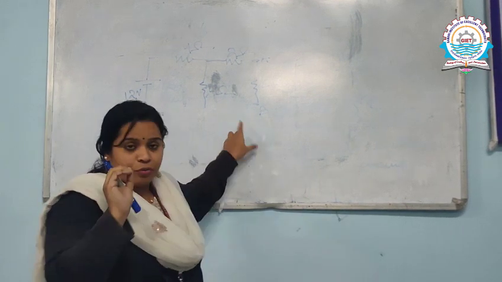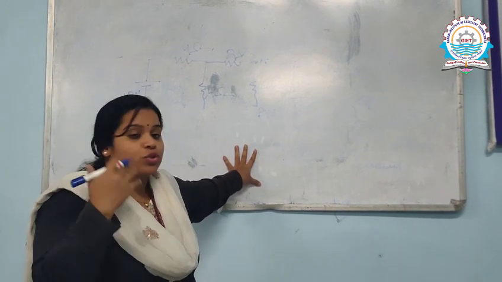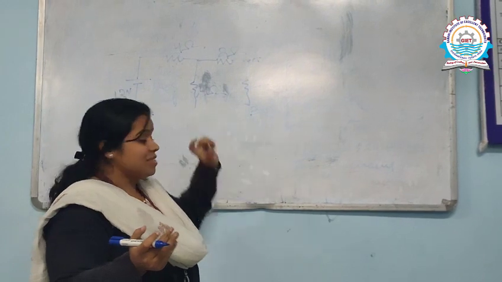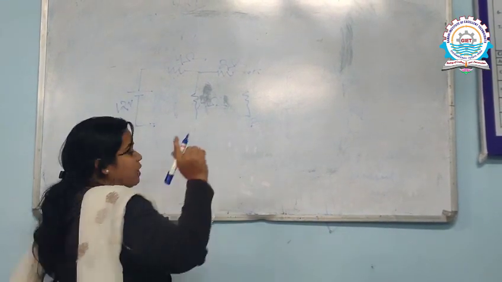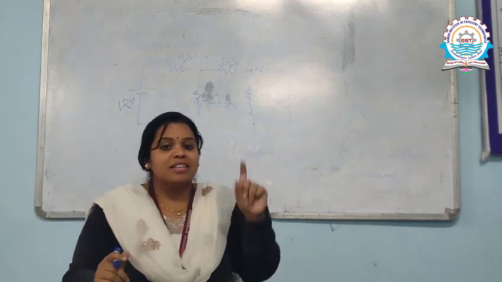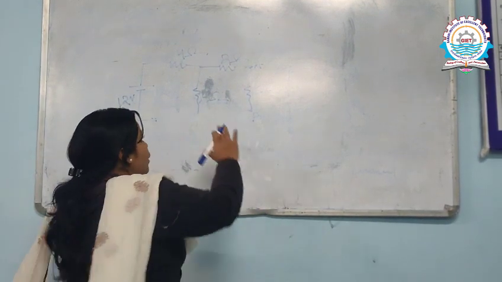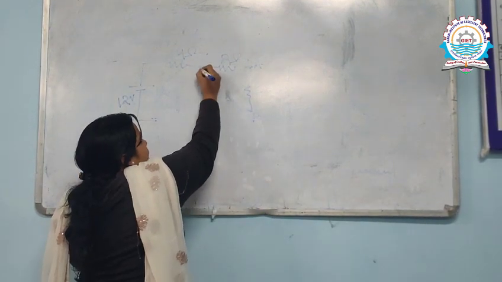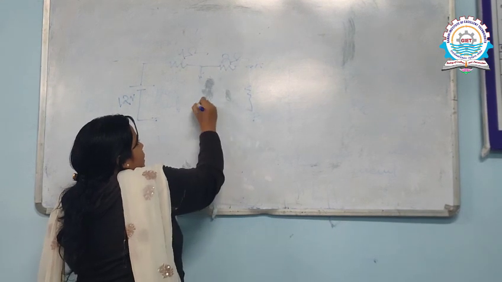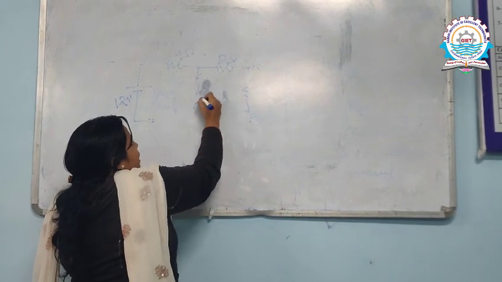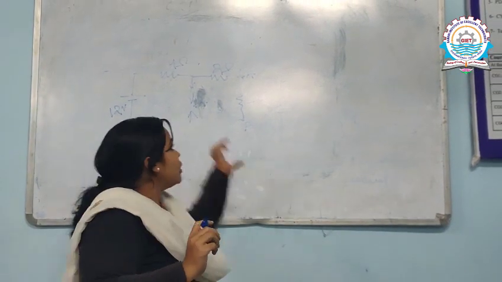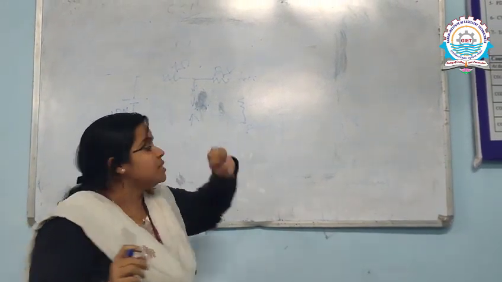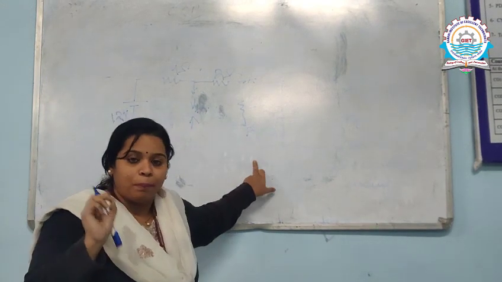So the first step is to recognize RL, remove it and leave the terminals open, and across that find VTH, the Thevenin's voltage.